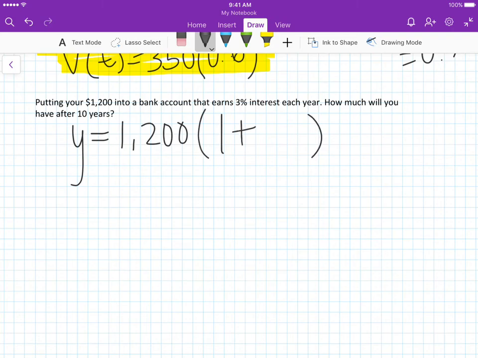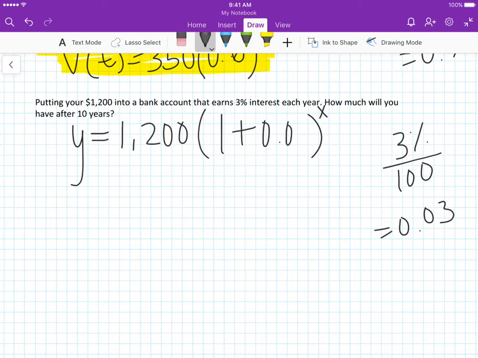Percent means I'm going to use the 1 plus or minus rate. Each year, 3% divided by 100 gets me 0.03. Write it in as my rate. y equals 1,200 times 1.03 to the x power.